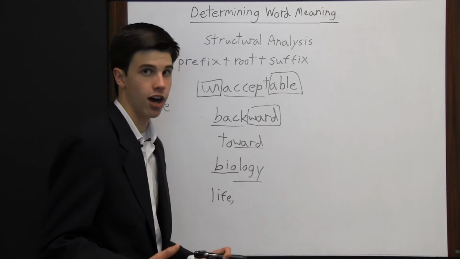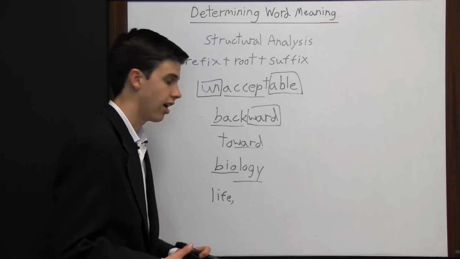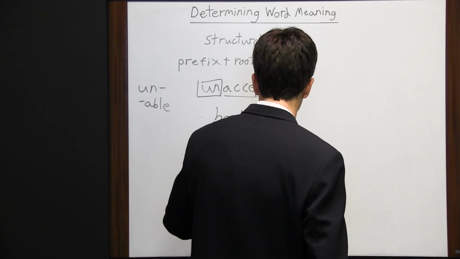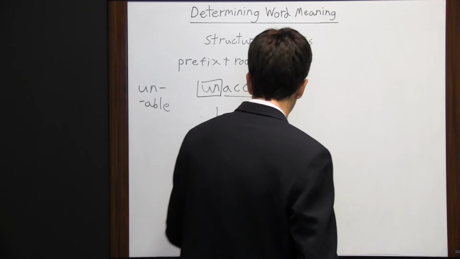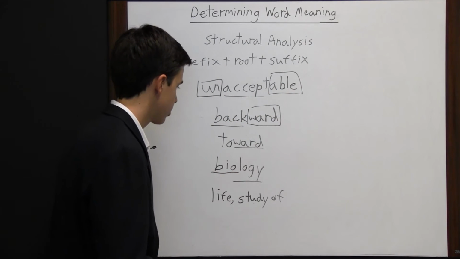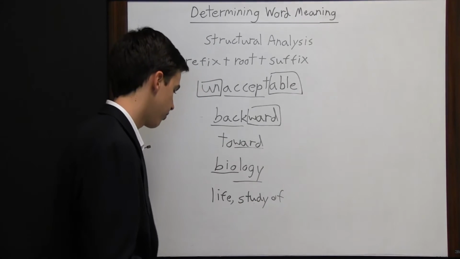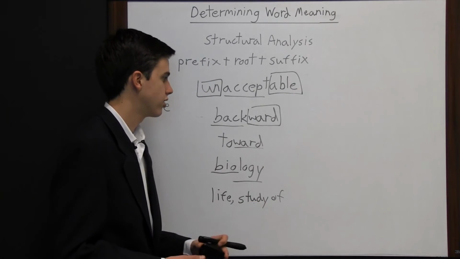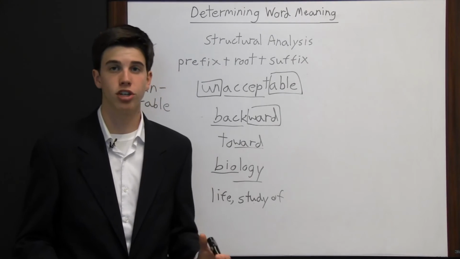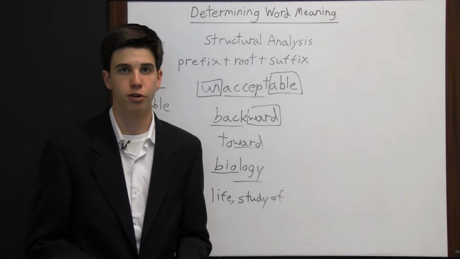Well, I've heard of archaeology, and so that must mean the study of something, because you're studying something. So ology means the study of. So by knowing the prefix and the suffix and what they mean of this word, you can conclude that this word most likely means the study of life. So it's important to understand common prefixes and suffixes so that you can determine the meaning of an unfamiliar word.